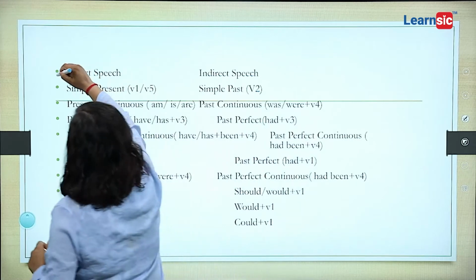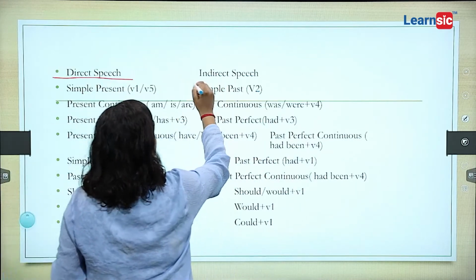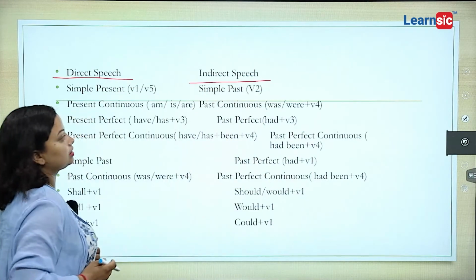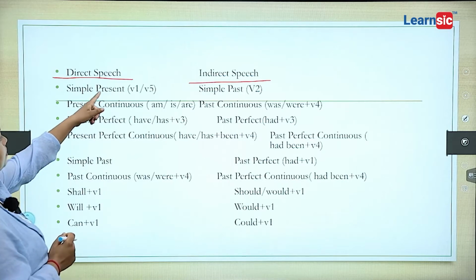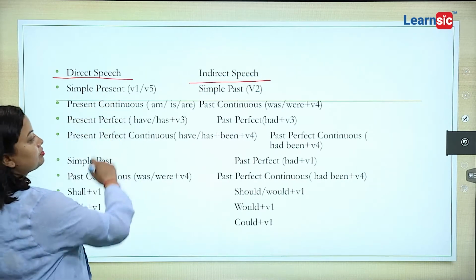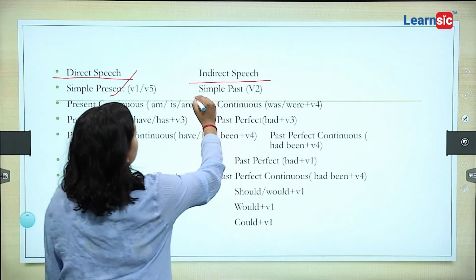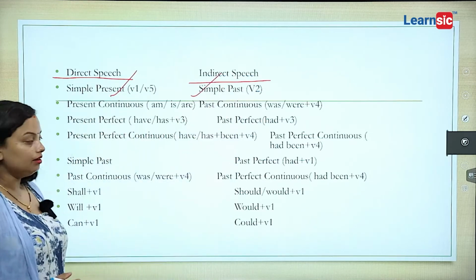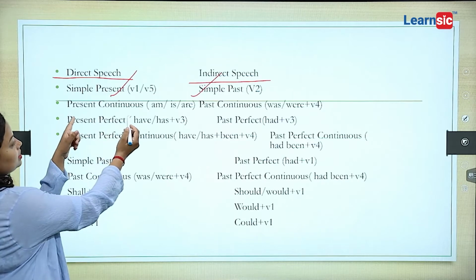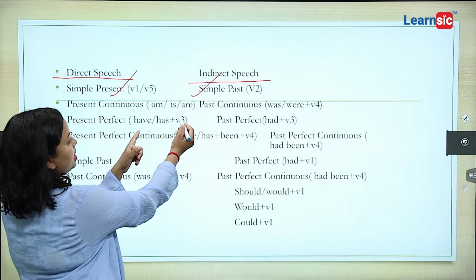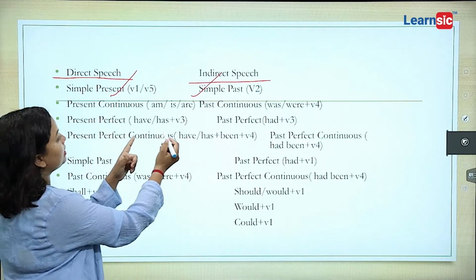पहिला direct speech मा हुन्छ, त्यसपछि indirect speech मा लाँदै गर्दा what should we do? Simple present मा verb 1 or verb 5 छ भने we have to convert the very simple present into simple past, okay. Now present continuous भन्ने बित्तिकै is, am, are, okay, plus verb ing.